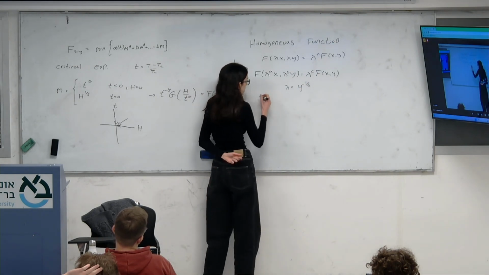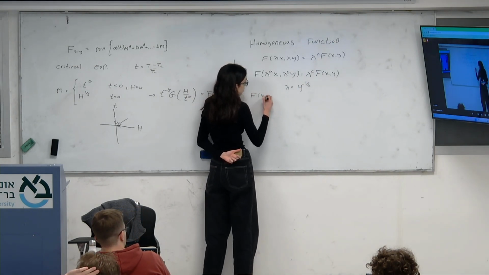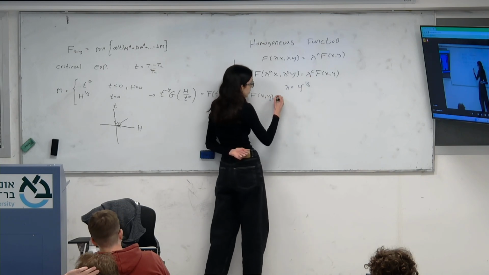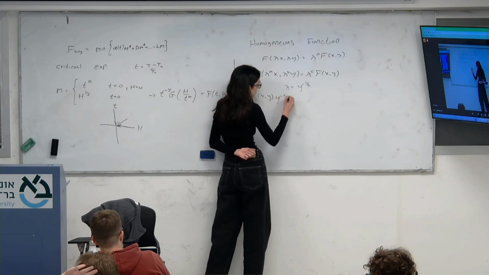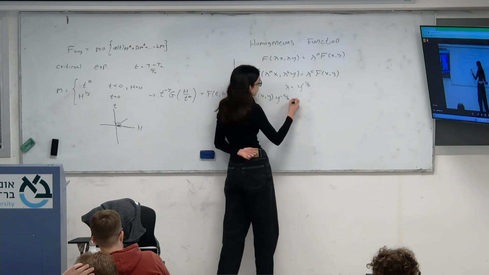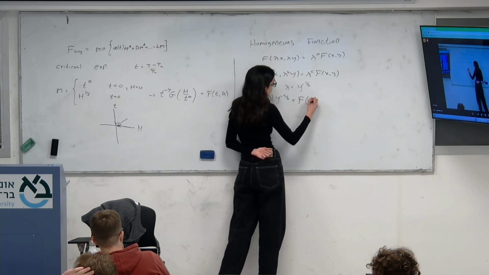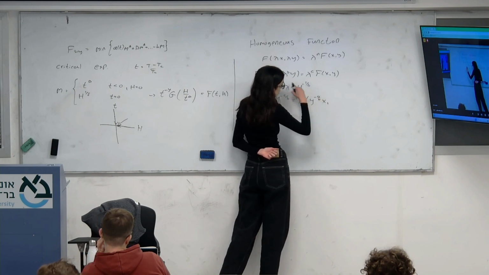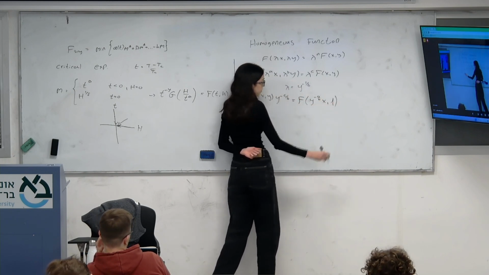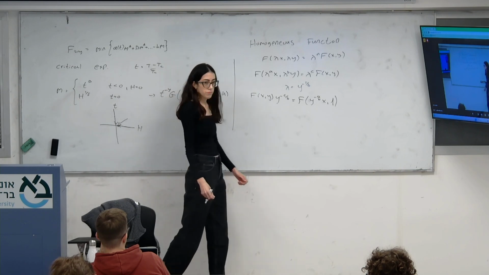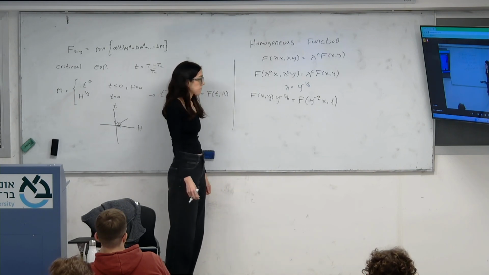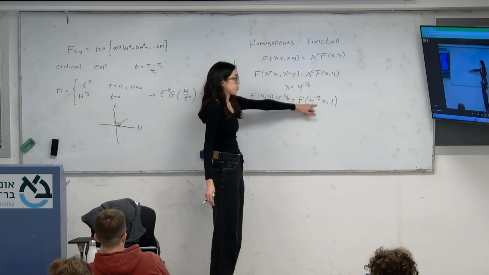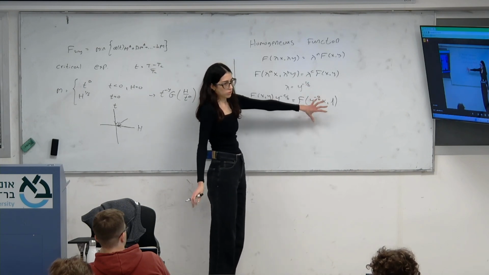So now I can write f of x and y, and then instead of lambda to the power c, I have y to the power minus c over b, f of y to the power minus a over b times x, and y to the power minus 1 over b times y, which is just equal to 1. Right? But you didn't reduce the y, you still have the y. Yeah, I still have y. I'm not going to get rid of y, I'm just going to write the function in a different way.